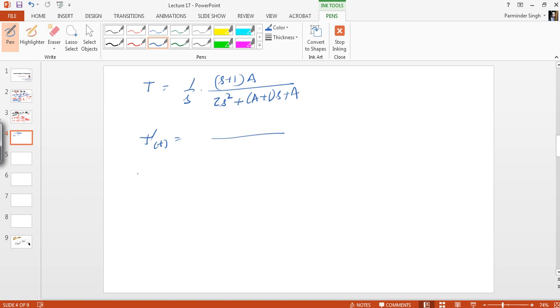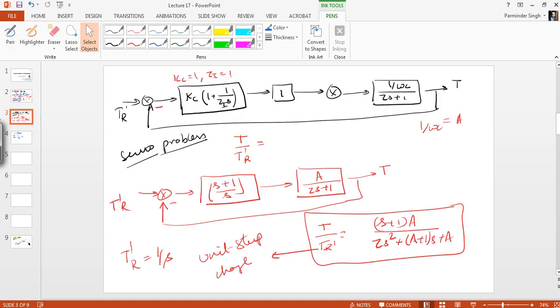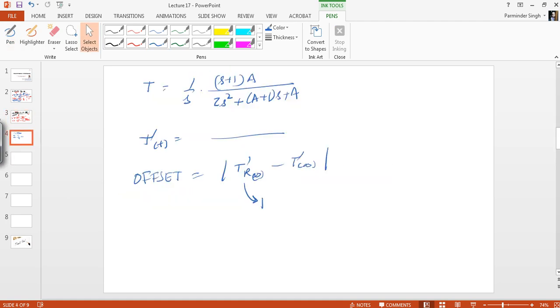But in order to calculate the offset, what we need is T R dash at infinity and T dash at infinity. Clear? Now T R dash at infinity is 1 because it's given a unit step change in the set point.